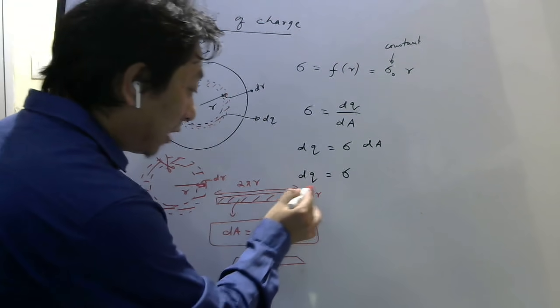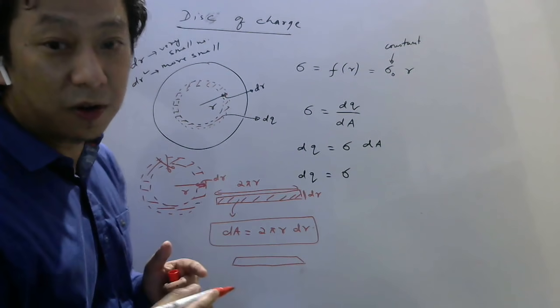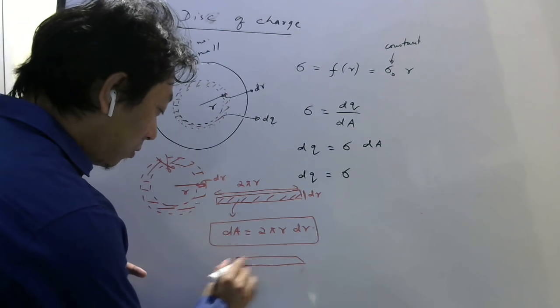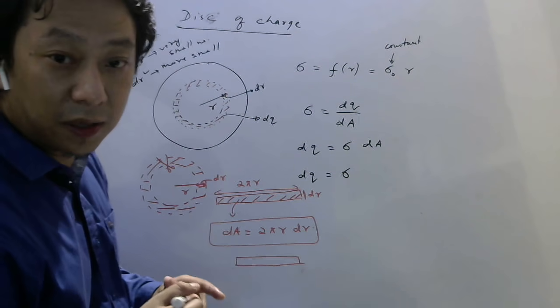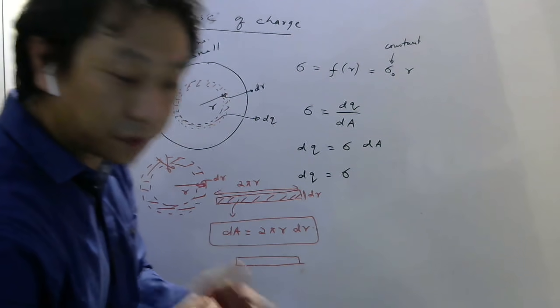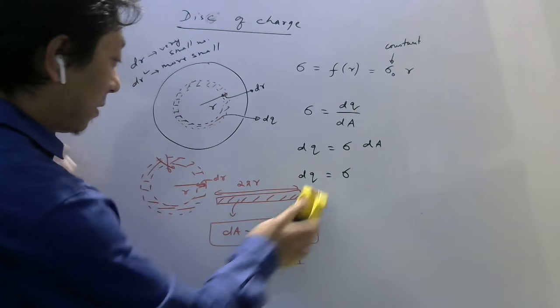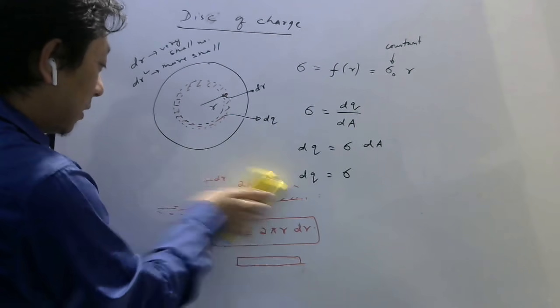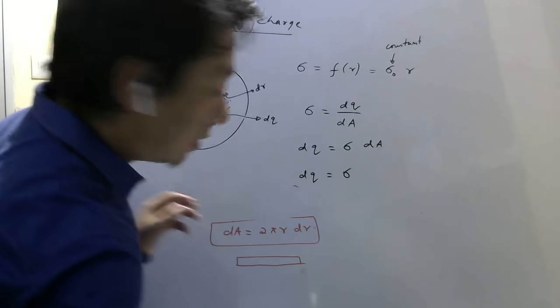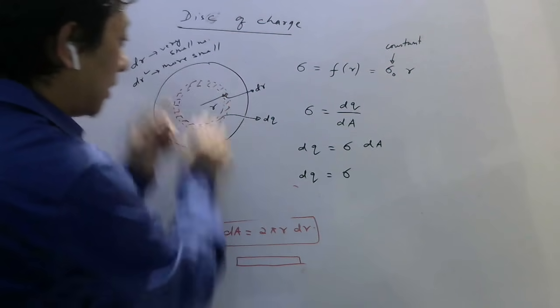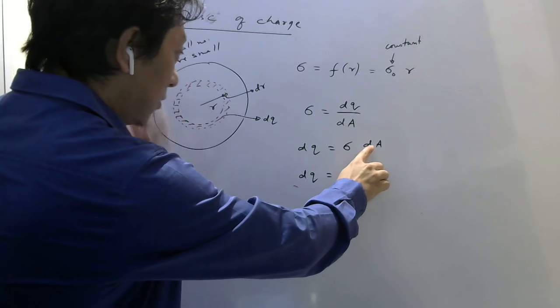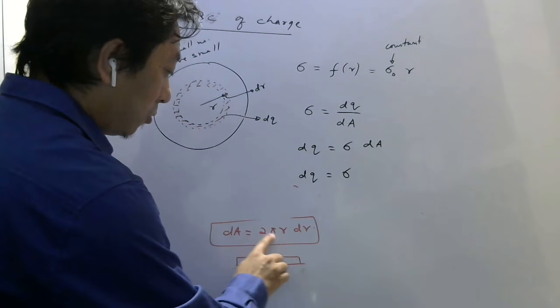But again I am telling you, dr is extremely small, so approximately it will look like a rectangle. And then you can write this formula. Once you have remembered this formula, you know that this ring has area dA, and its value is 2 pi r dr.